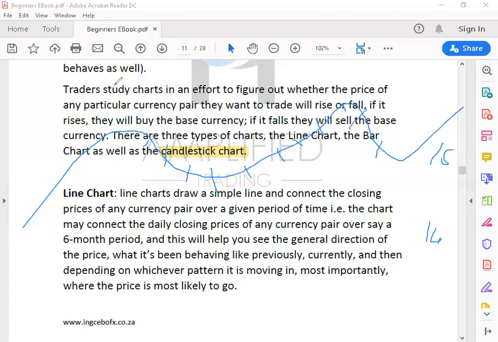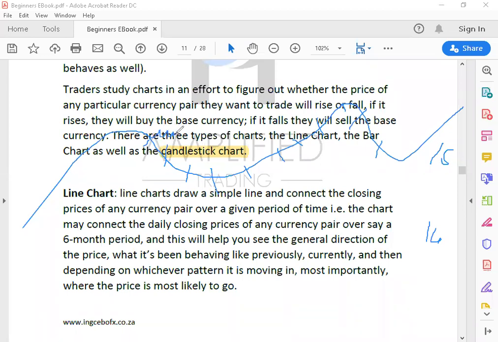So if you're on the 1 hour time frame, if you click on H1 on your MT4 platform, then the close will occur every single hour. So at 4 o'clock, the dot or the close will be printed, and then it'll start moving. You'll see it when I show you guys the example.